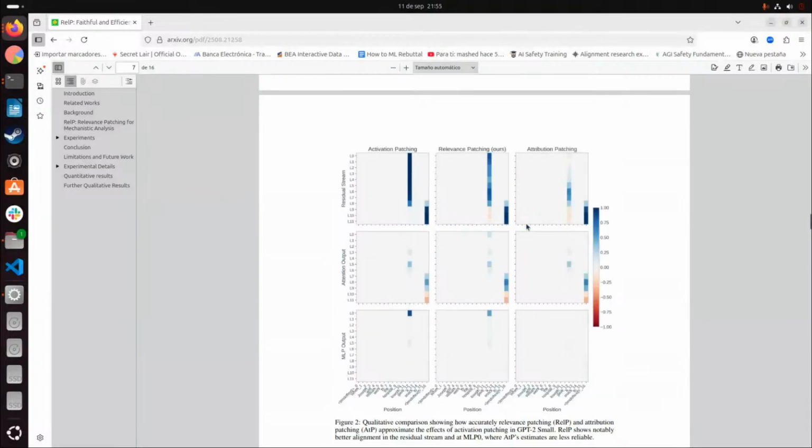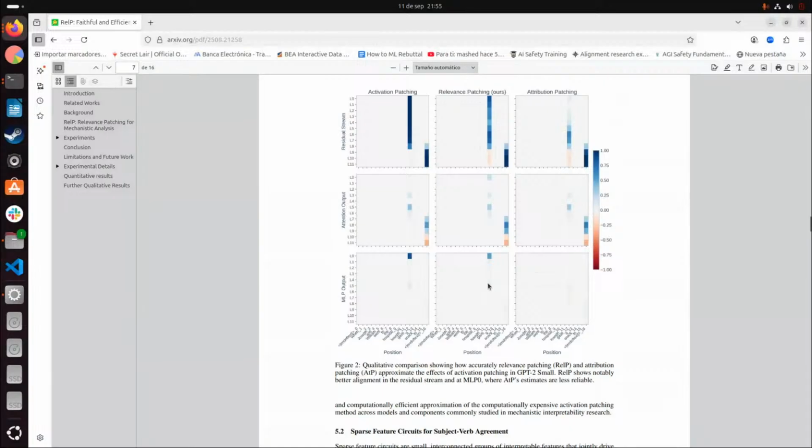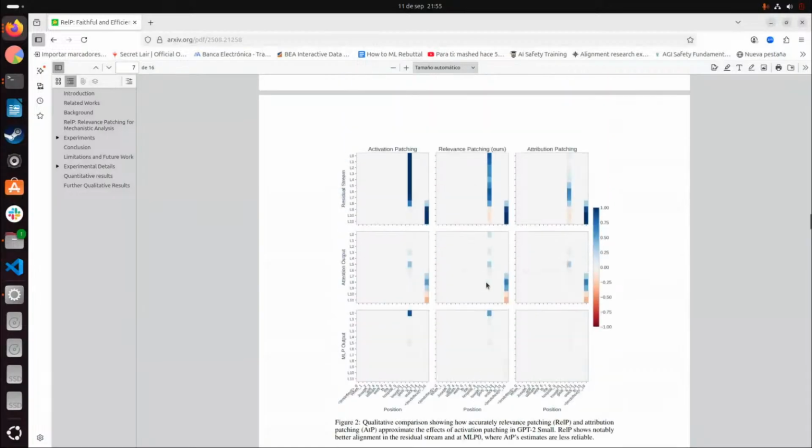Also, I didn't look much at this, but yeah, this is just the graph. They have activation patching, relevance patching, attribution patching, and the relevance patching is closer to the activation patching. I wonder how much they look at different examples until it matches.